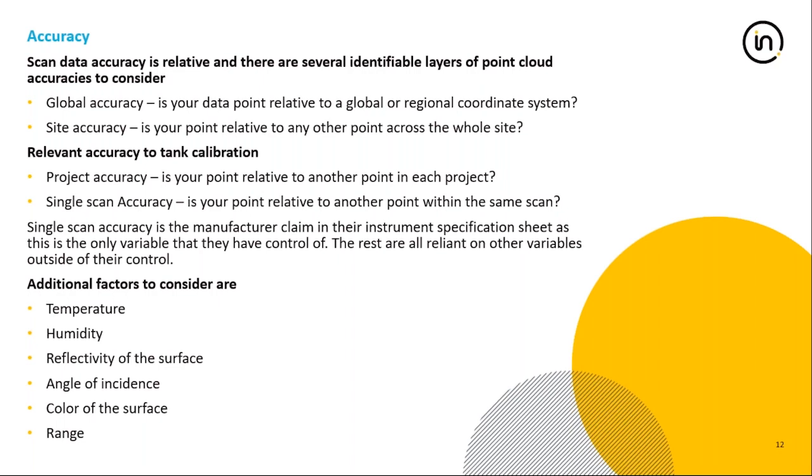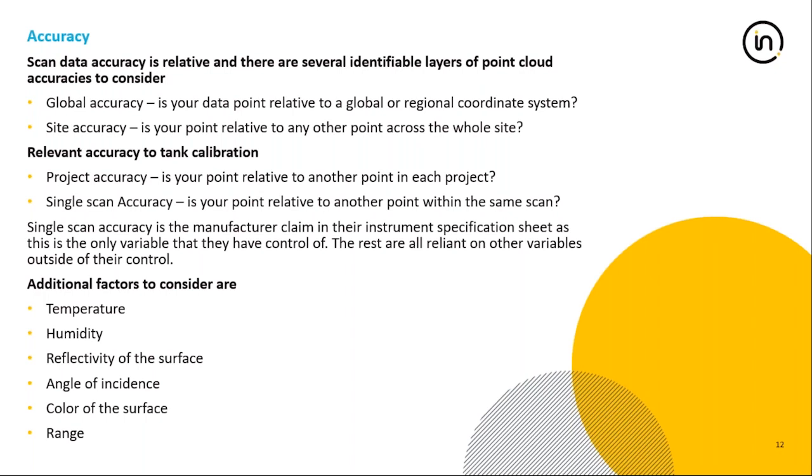And then the single scan accuracy is related to the site accuracy, and that is how good your measurement is from one point relating to the other within the same scan. The single scan accuracy is actually on the manufacturer of the equipment. That's the only thing they can control.